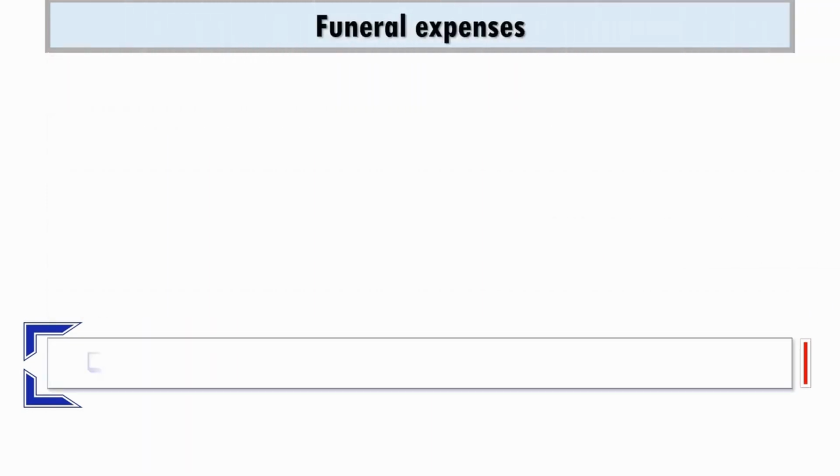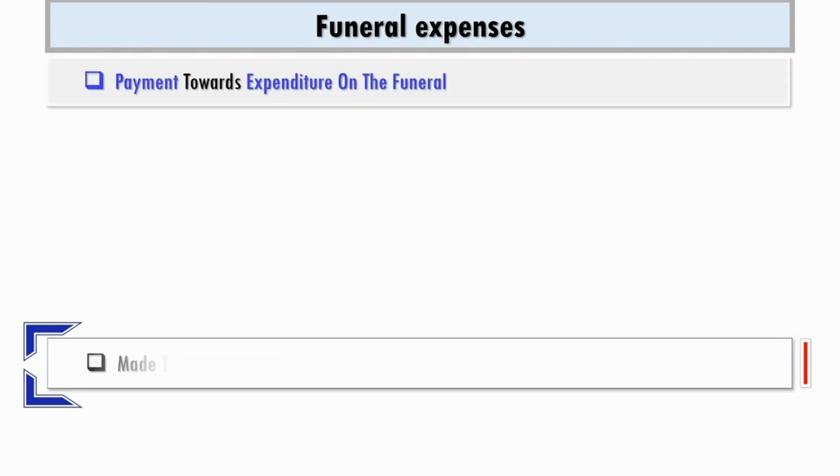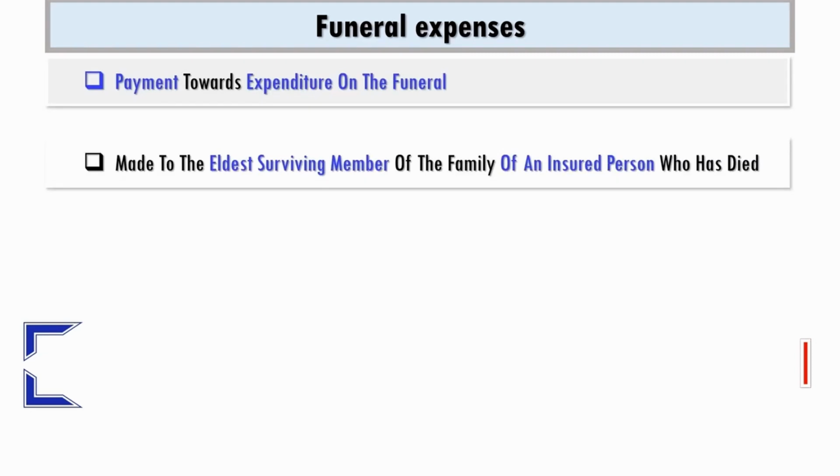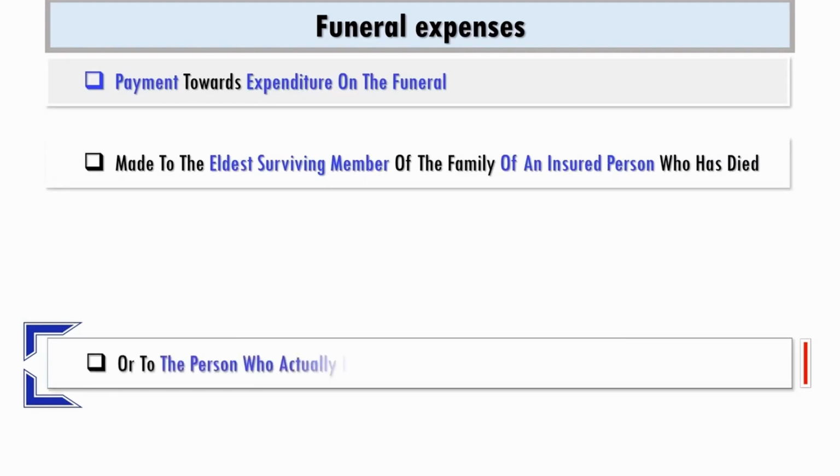On the death of an insured person, payment is made towards expenditure on the funeral, and it is normally paid to the eldest surviving member of the family of the insured person who has died, or to one who has actually incurred the funeral expenses.